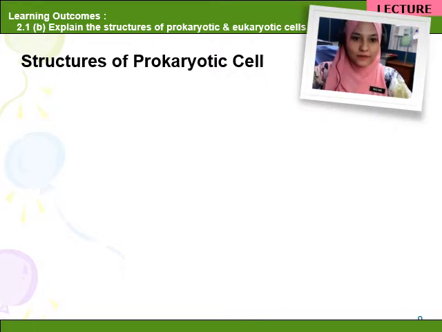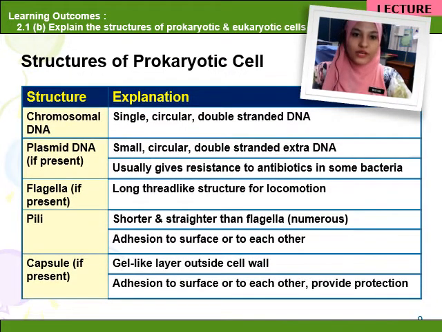In this slide, I am going to explain the structures of prokaryotic cells. It contains several structures, including chromosomal DNA, which is single and circular, while another structure is plasmid DNA, a small circular, double-stranded DNA, similar to the chromosomal DNA.